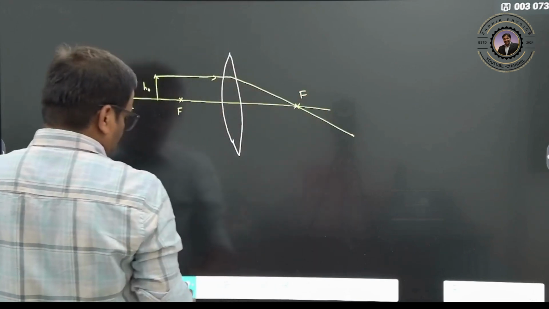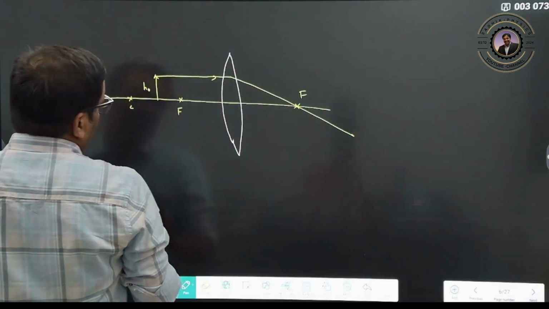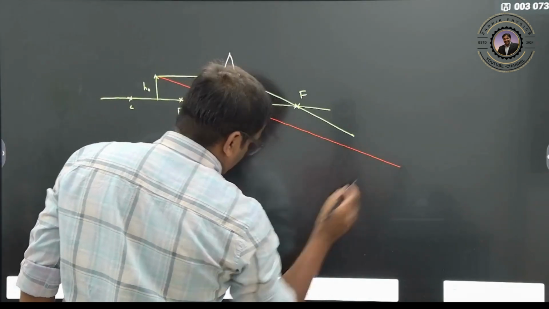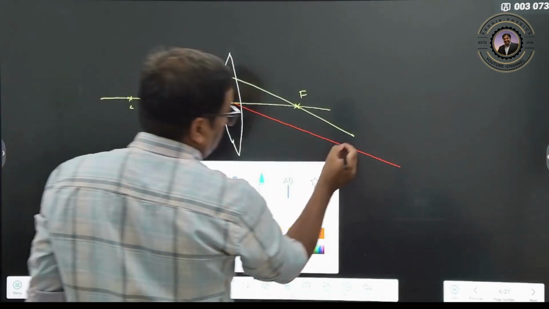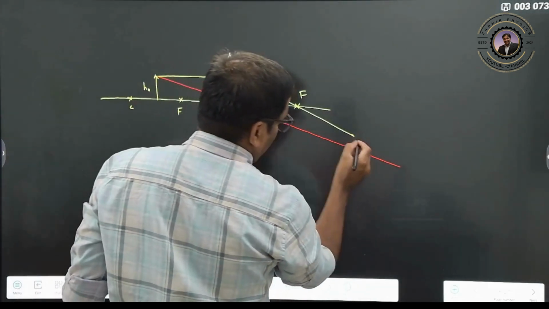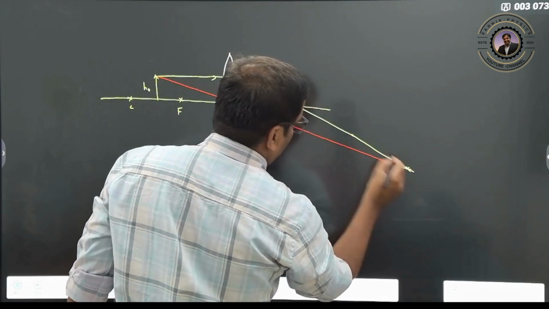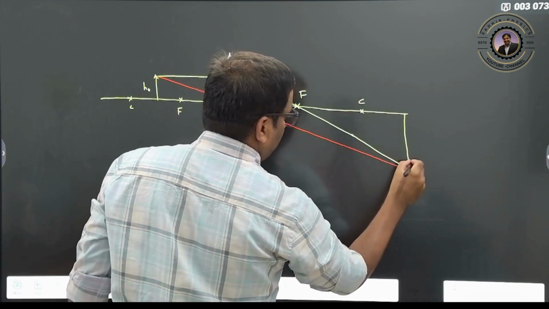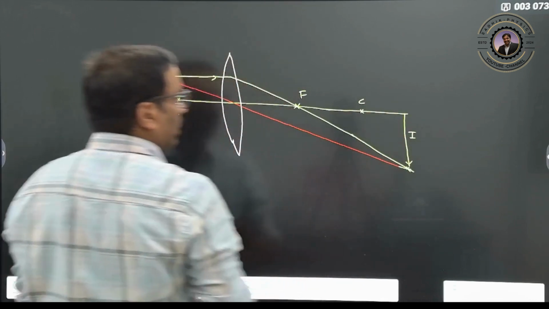Now next one. If light rays are coming and falling here, this will be the center of curvature, and this will be your image. How is the image?